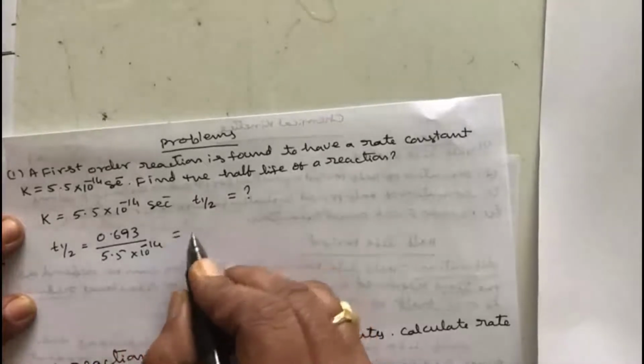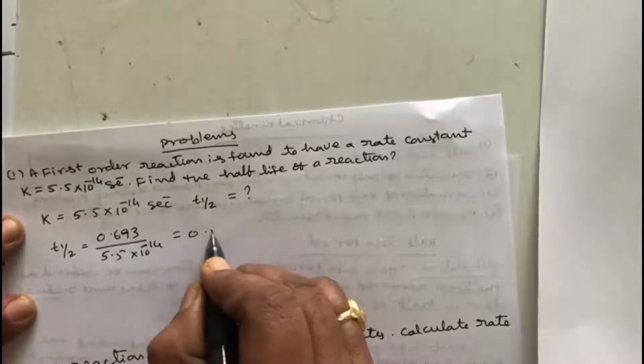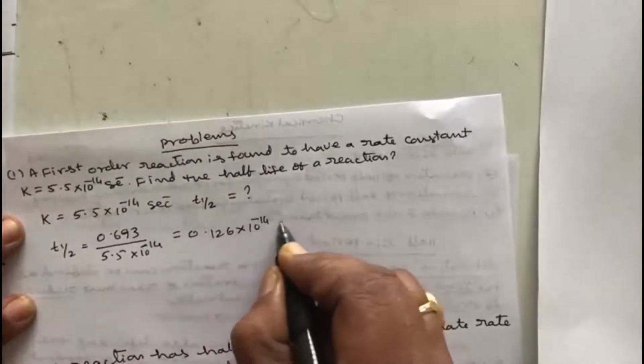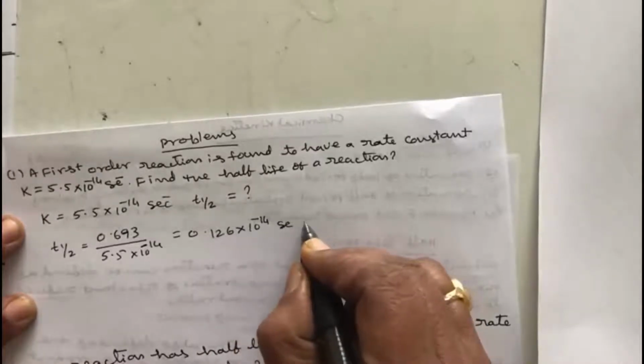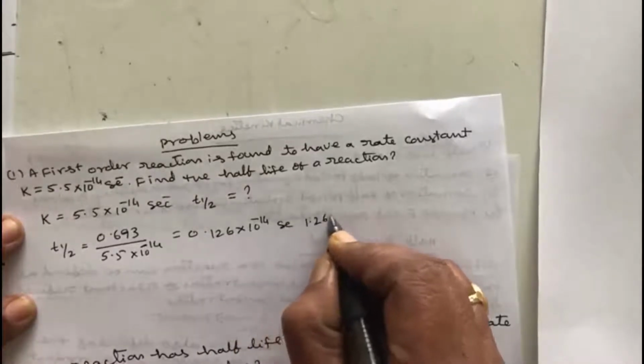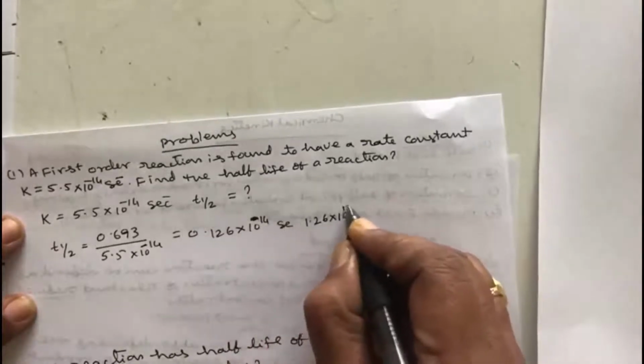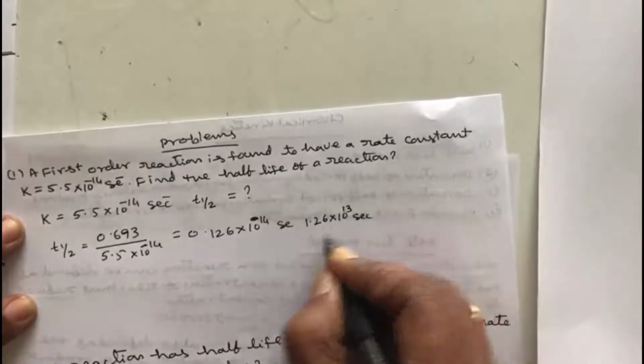Its value is 0.126 into 10 to the power minus 14 seconds, or it also can be written as 1.26 into 10 to the power of 13 seconds. So here from K value we can find out the half-life period.